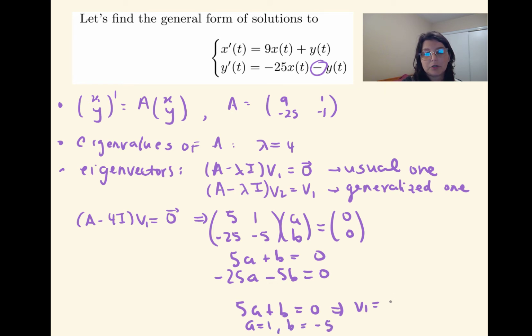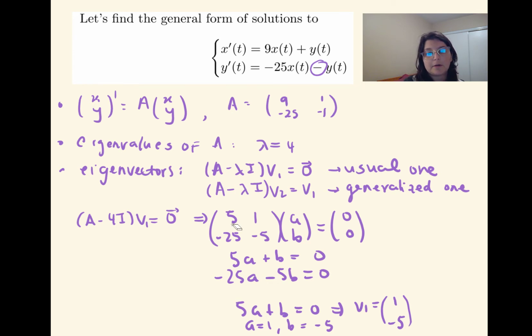So v1 could be chosen as (1, minus 5), or any multiple of (1, minus 5). So here we have v1.